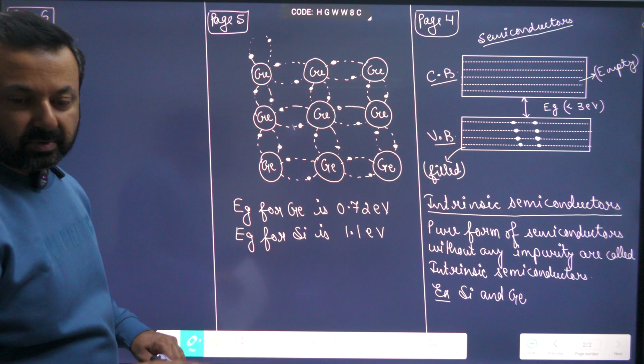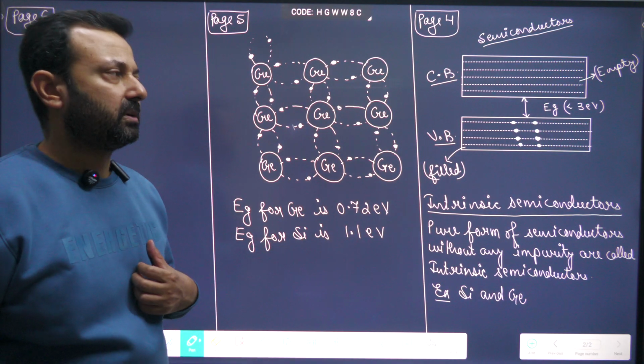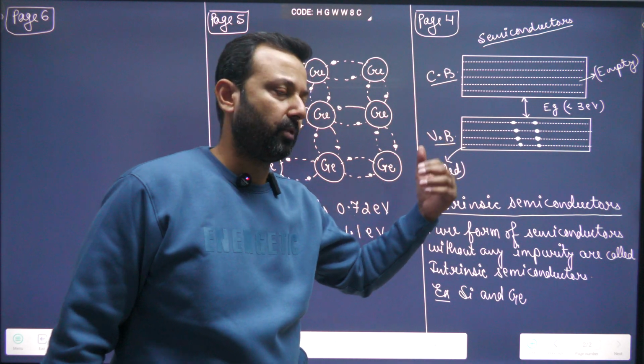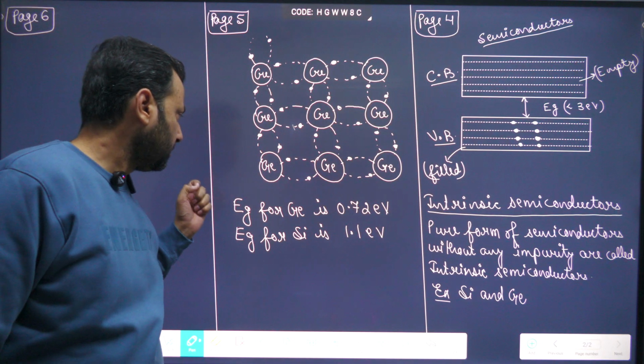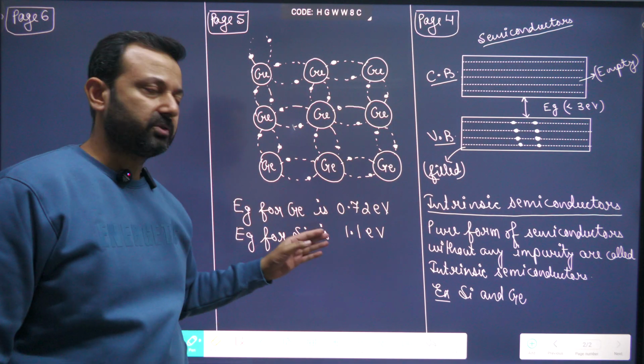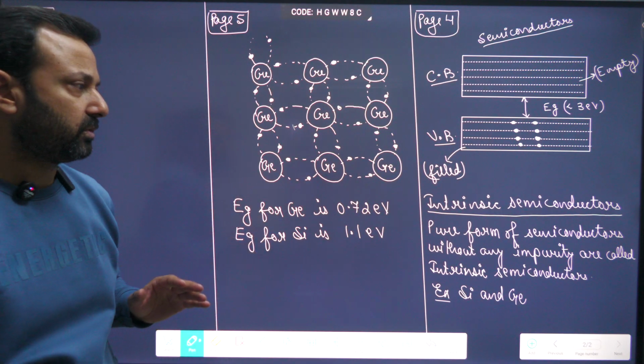This is the difference. Both are semiconductors, and in semiconductors the energy gap is always less than 3 electron volt. In both cases, the energy gap is less than 3 electron volt.